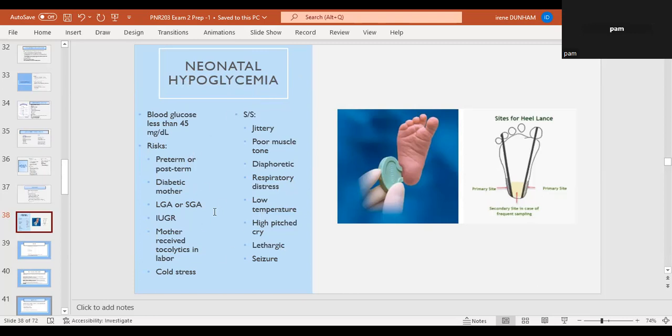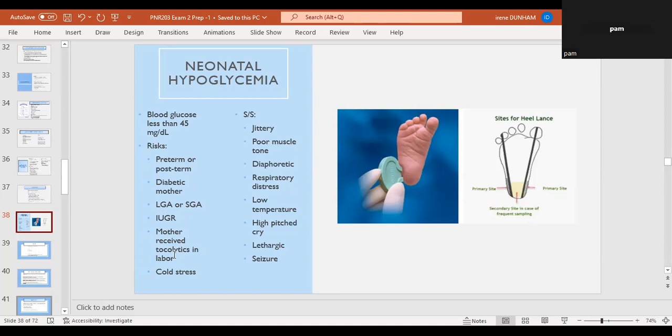All right. So you have an LGA baby or IUGR, which is intrauterine growth restricted baby. They can get hypoglycemia. Small for gestational age babies too. And mothers who receive tocolytics in labor, that's interesting too. Those are things like terbutaline or magnesium sulfate.